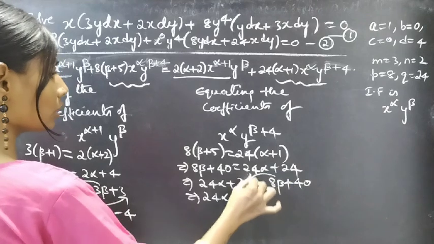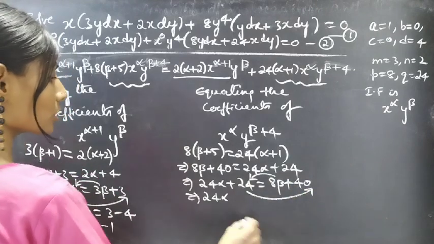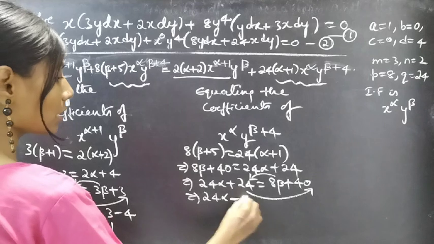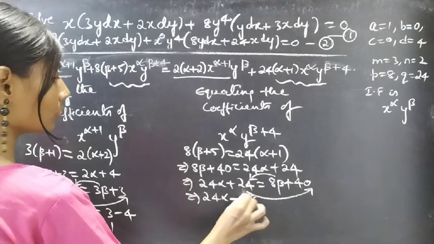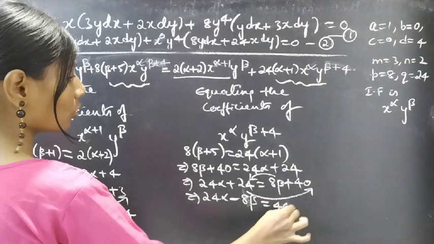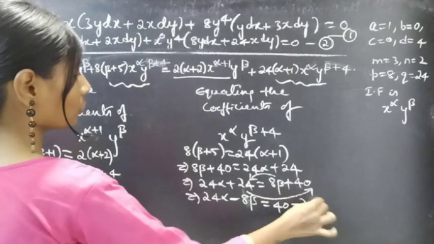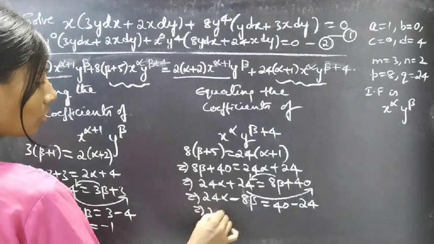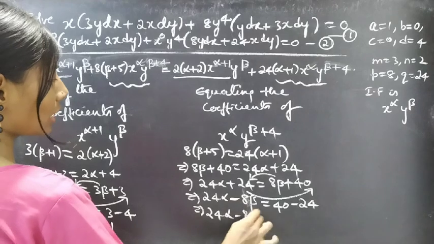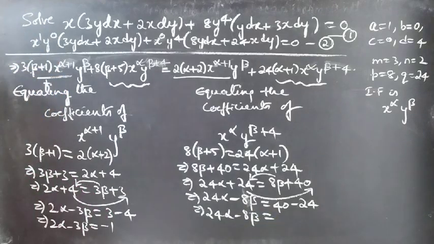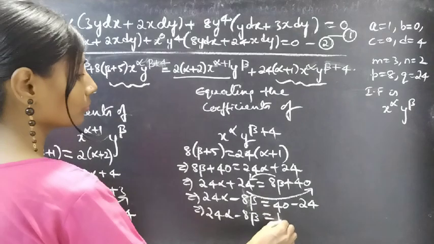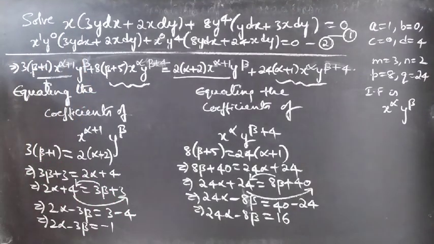Now bring this 8β to LHS and take this 24 to RHS. We'll get 24α minus 8β equal to 40 minus 24, which is 16, right?